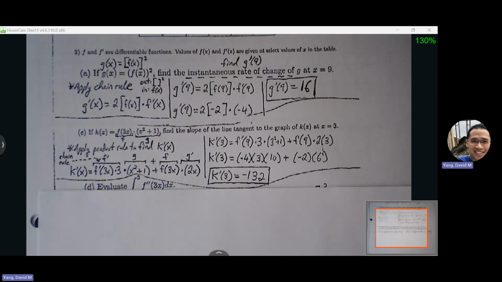F prime g plus f g prime, but within f of 3x, we gotta go through chain rule. F of u becomes f prime of u times u prime.